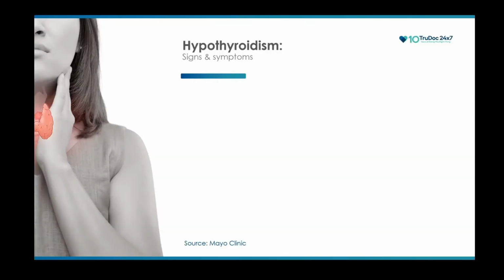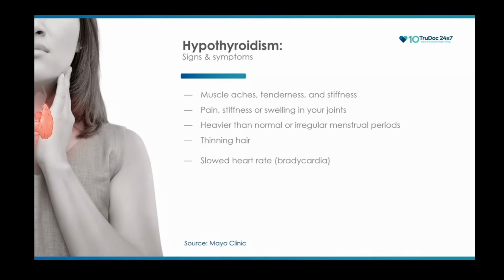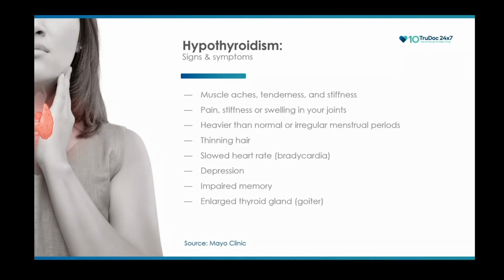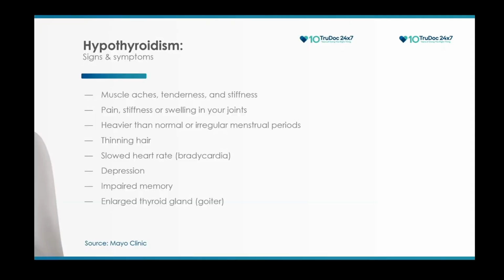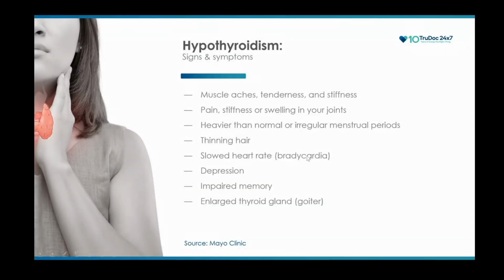What are the signs and symptoms of hypothyroidism? You're going to have weight gain. In hyperthyroidism, patients are going to have weight loss, but in hypothyroidism, patients will have weight gain.